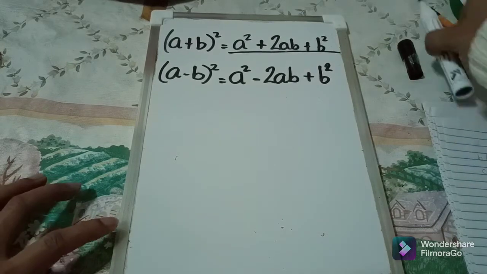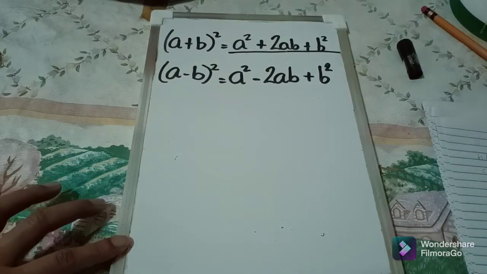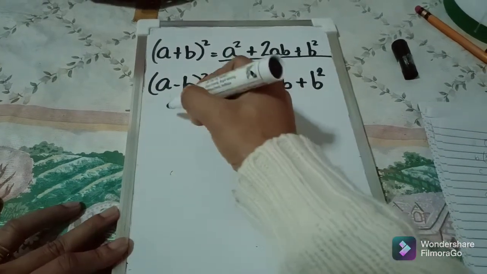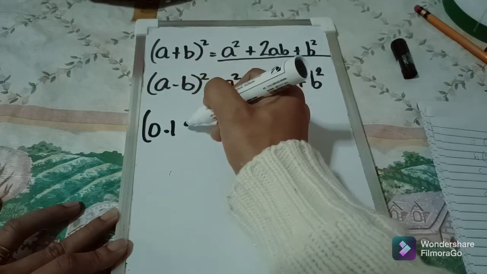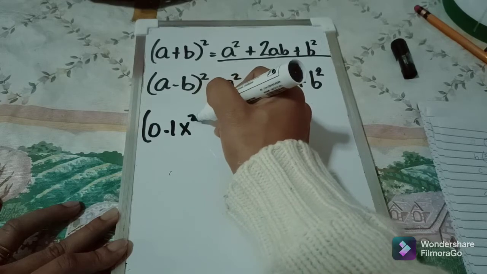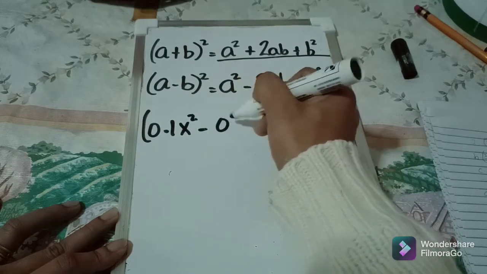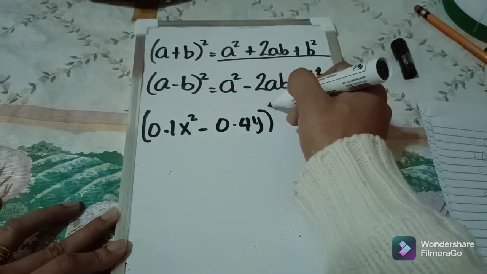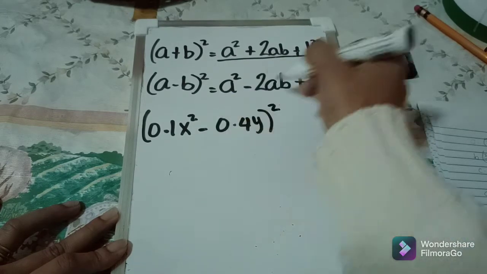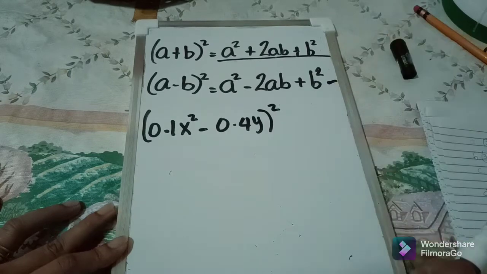Okay. Another example, guys. Paano naman kung decimal? Okay. So, we have here 0.1 x squared minus 0.4y square. So, since it's minus, ito ang gagamitin natin, okay?